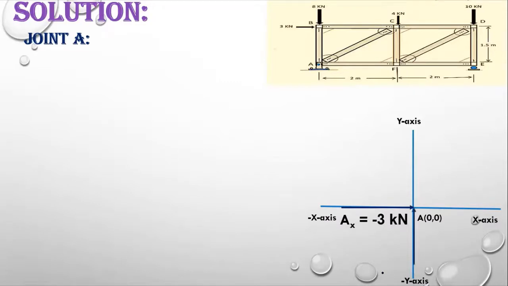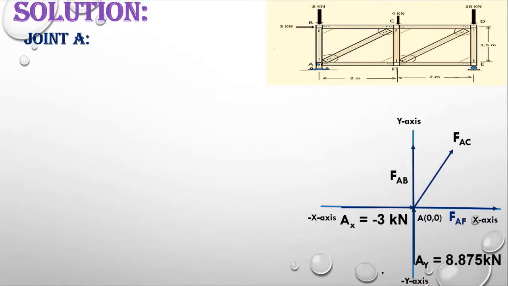Then there is a vertical component, AY equals 8.875 kilonewton. There is another member force FAB acting upward, and a horizontal force acting on the positive x-axis, the member force FAF.